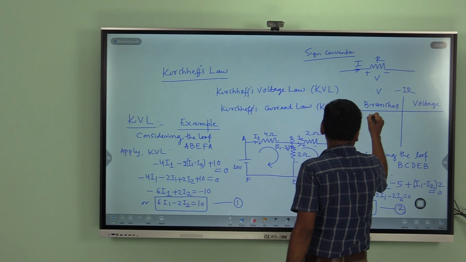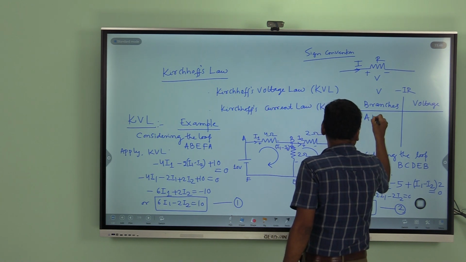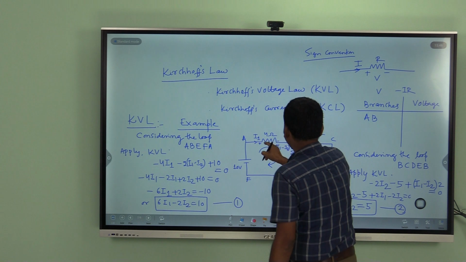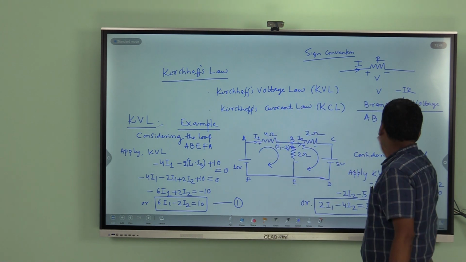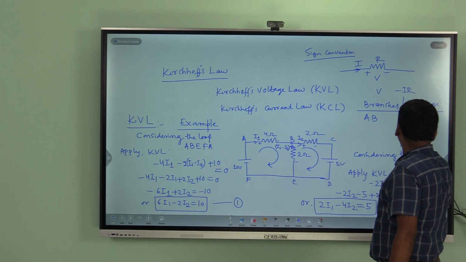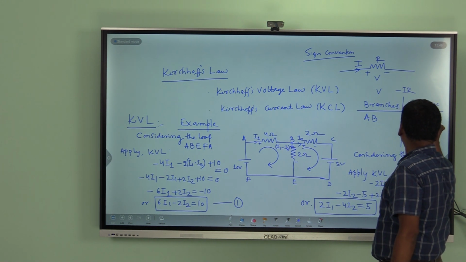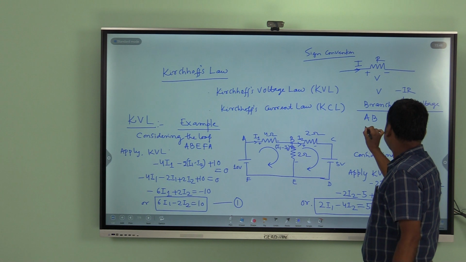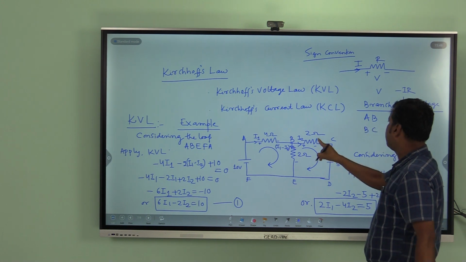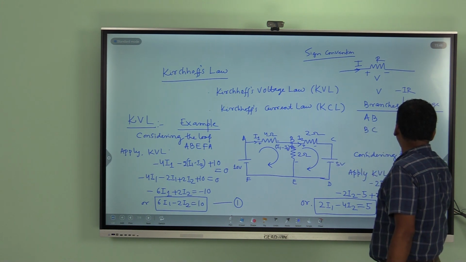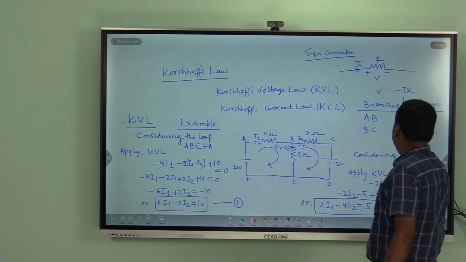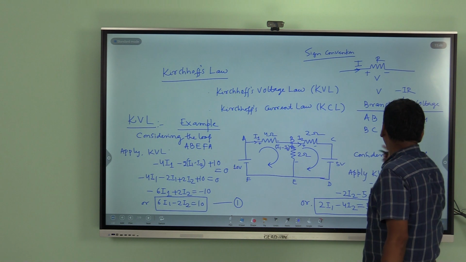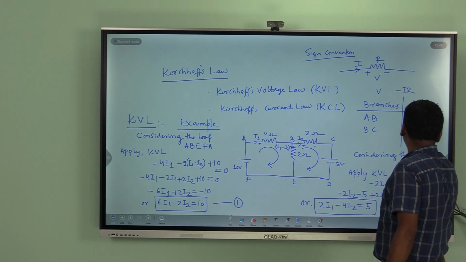Write down the branch AB, the current flowing through it is I1, and the voltage is 4 into I1. Then BC, the current flowing through BC is I2, and the voltage is I2 into R2, I2 into 2.